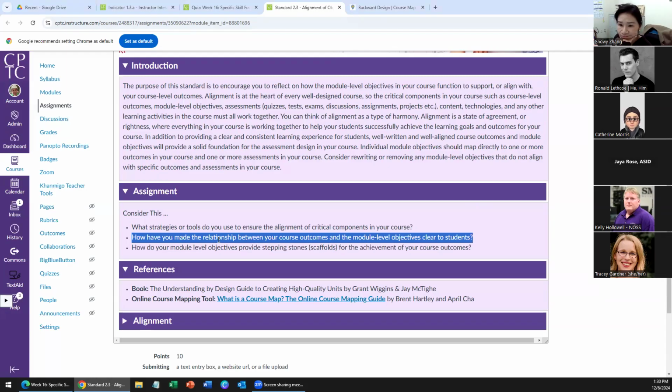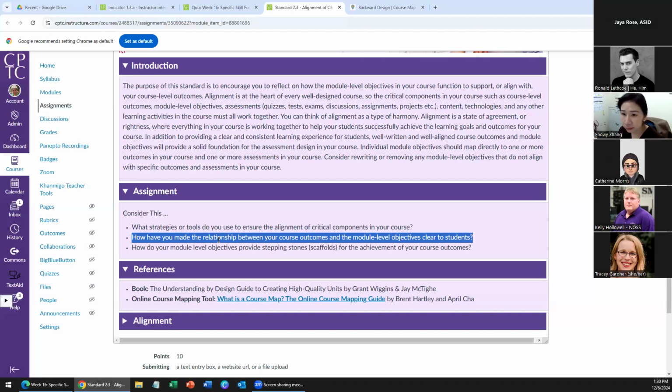Does anybody tell the students, okay, here's our objective, this is related to this outcome? I don't expect any of you to do that, but does anybody do that? Is there another way? Is it outlined in your syllabus? What kind of transparency do you have with your students to show the alignment? Jaya?